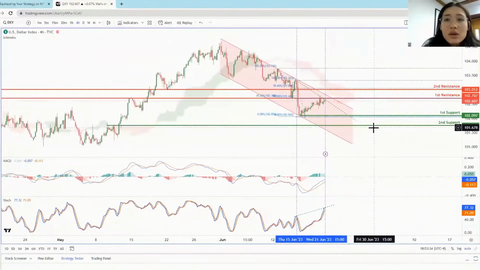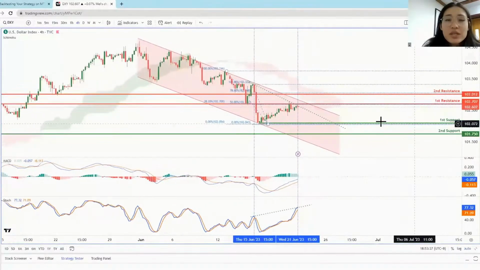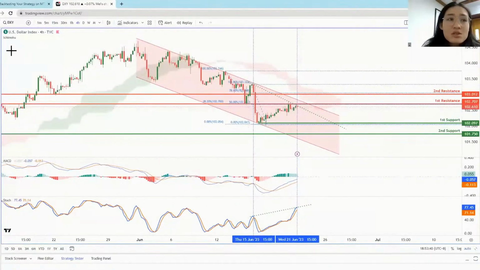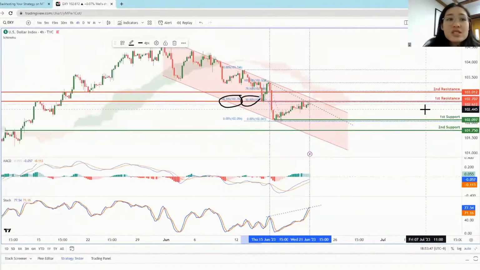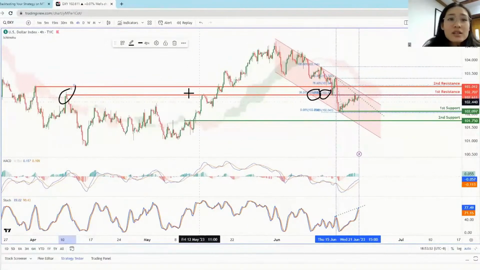Okay, but we would have to be careful because of this major confluence area with the 38.2 and the 50%. And this first resistance is also a double swing high.